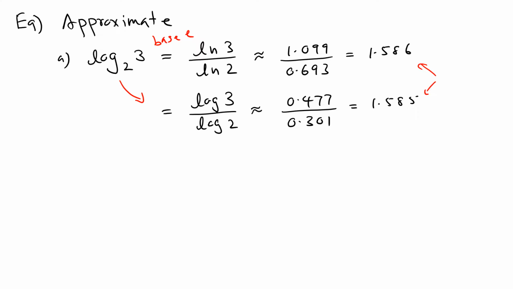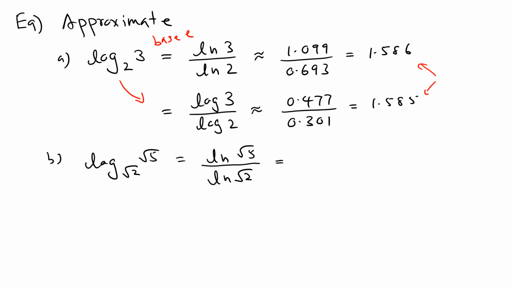Theory is over, so we're just doing more examples. How about this one? Let's say you have log base square root 2 of square root 5. Again, we can use one of the bases. Let's use ln. So this can be ln square root 5, that's the numerator, divided by ln square root 2.